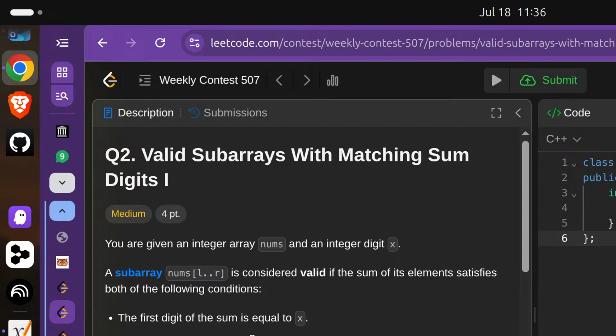We need the number of valid subarrays. Okay.